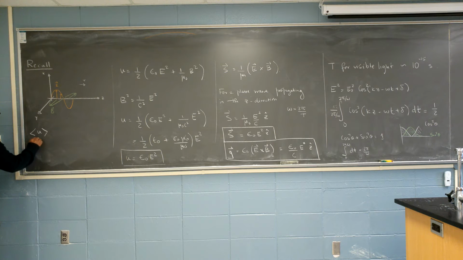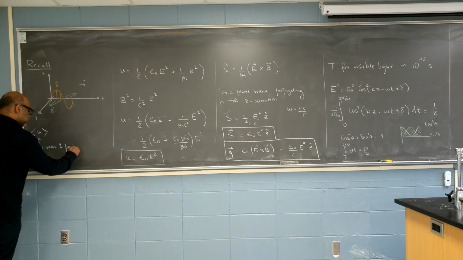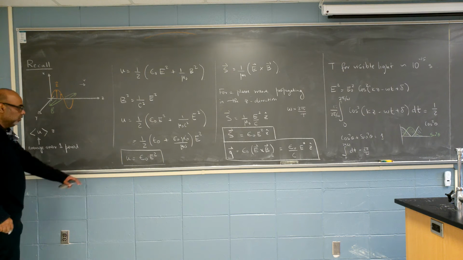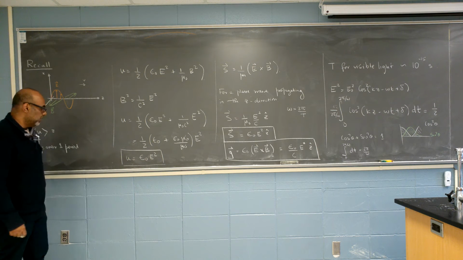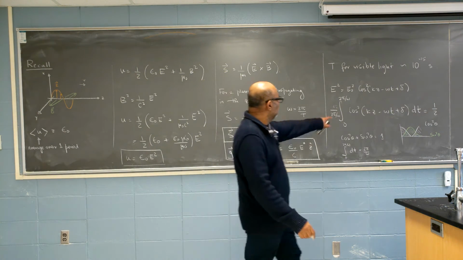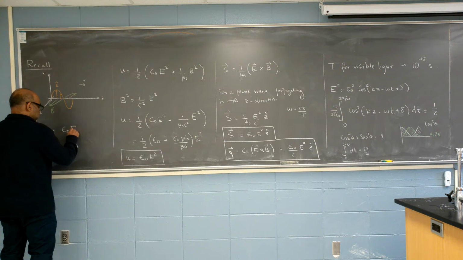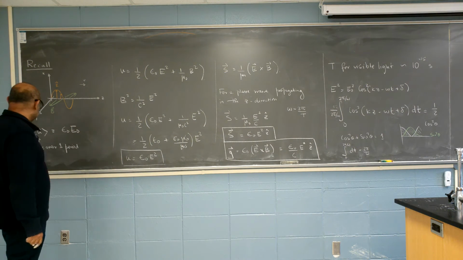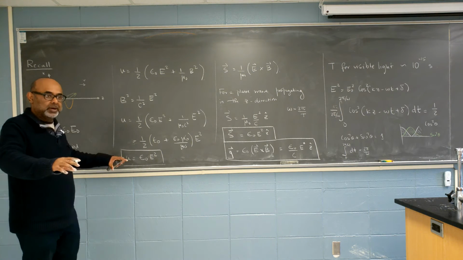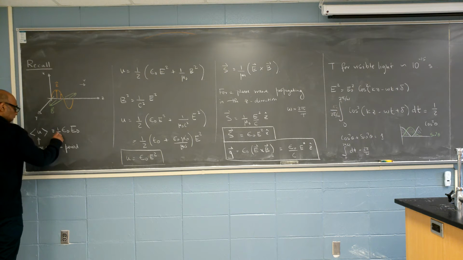This notation is... look at this, and I go, well, epsilon naught, I have an E0 squared, and then the average, which means you integrate it over a period and divide by the length of the period, divide by the period, so I simply get.